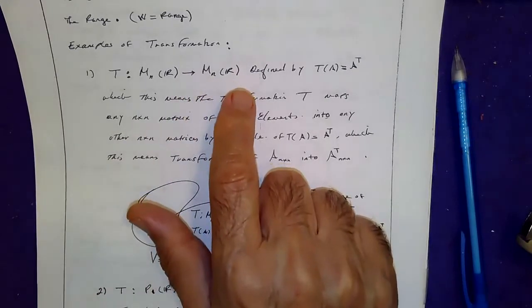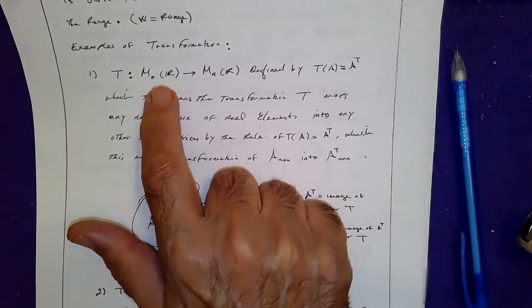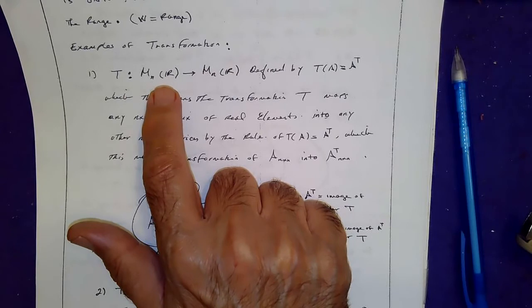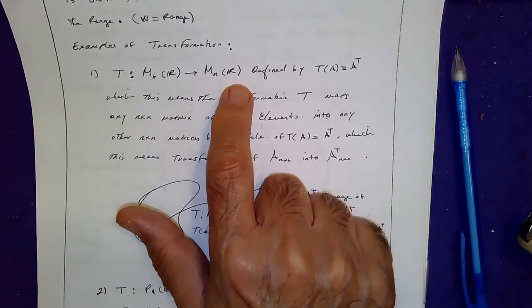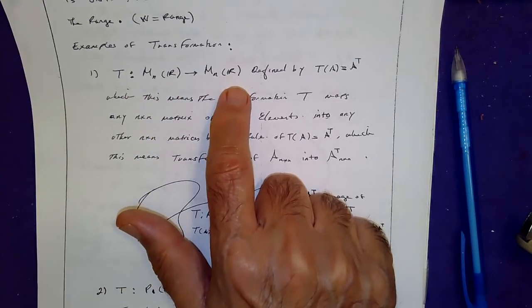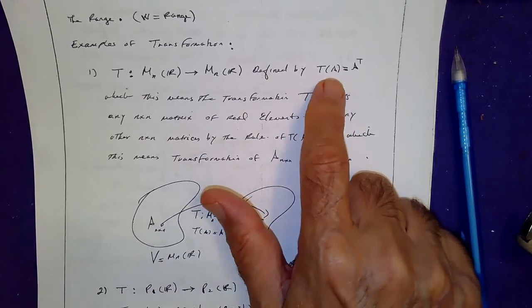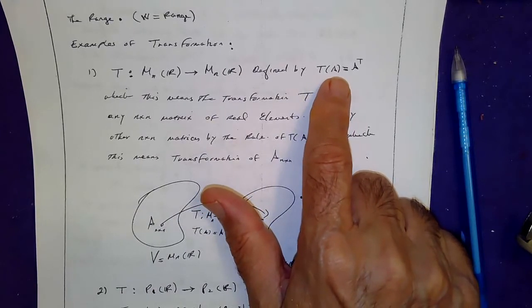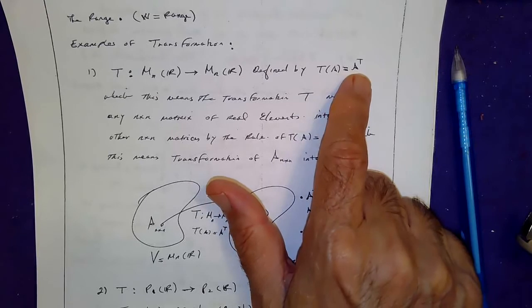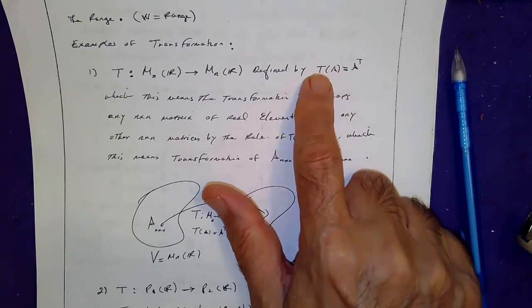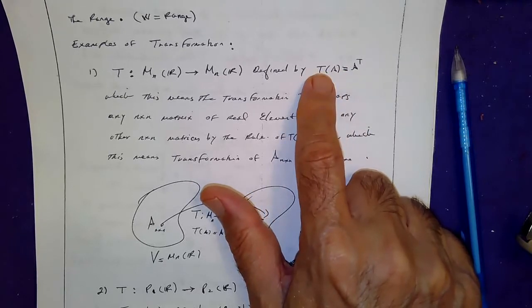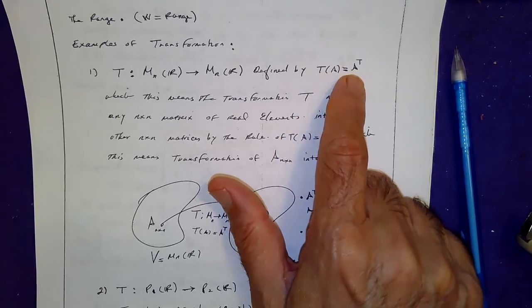Some examples of transformation. The transformation here takes square matrices and transforms them to, again, square matrices. The rule of the transformation is that anytime you take an n by n matrix A, the image of it, after it goes under the transformation T, is A transpose.